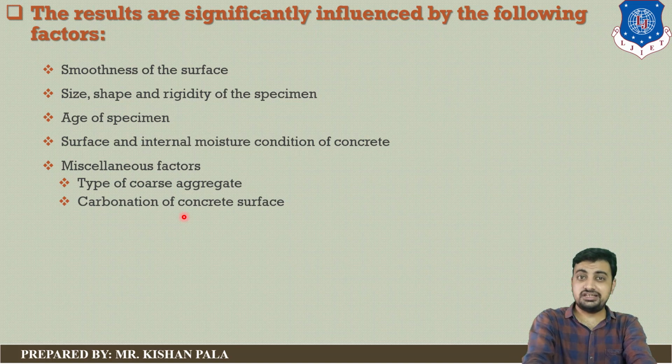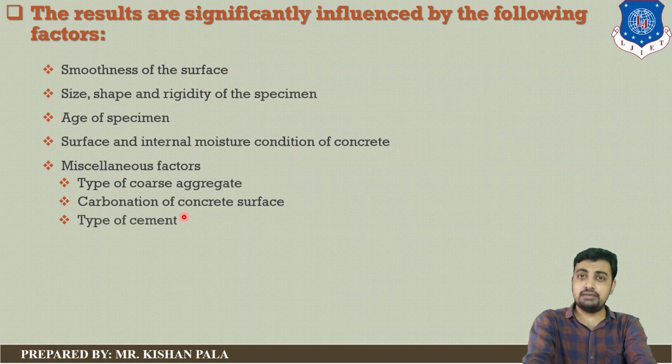And next is carbonation of the concrete surface. If carbonation has occurred in your concrete mass, this will give you a lower rebound value, because this factor is mainly considered for the durability of the concrete mass.